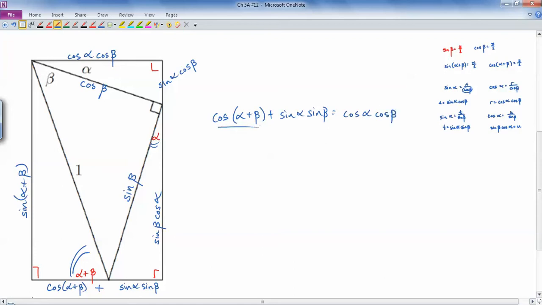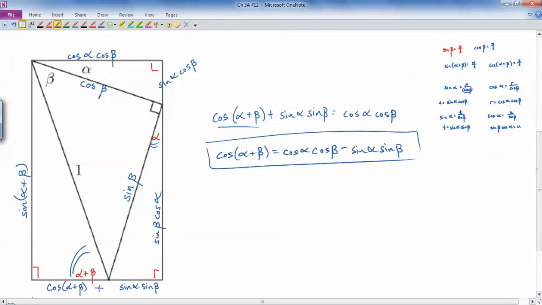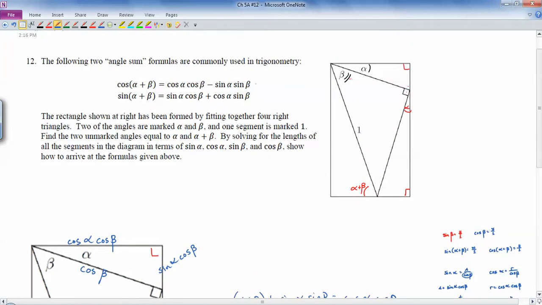If I solve for this, I get cos alpha cos beta minus sine alpha sine beta.